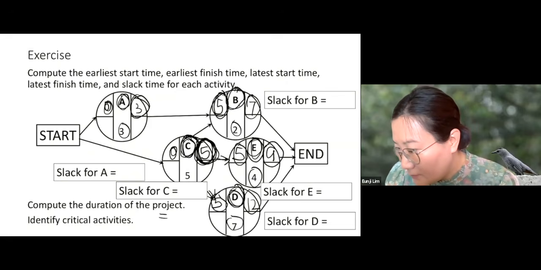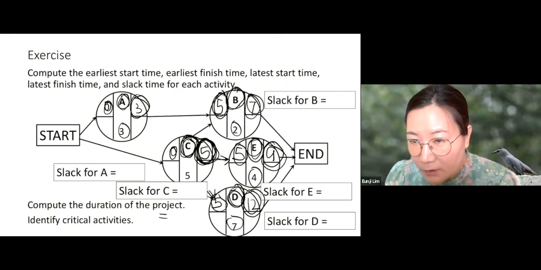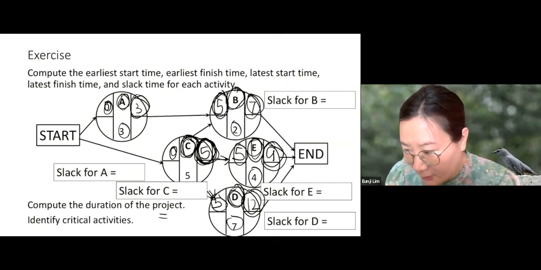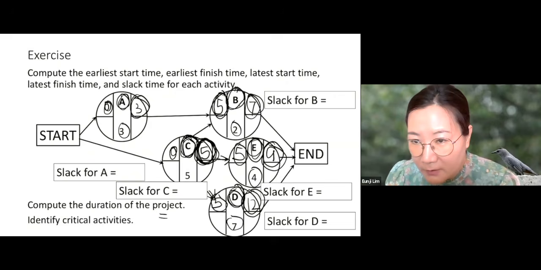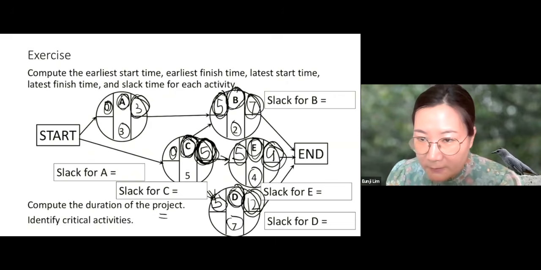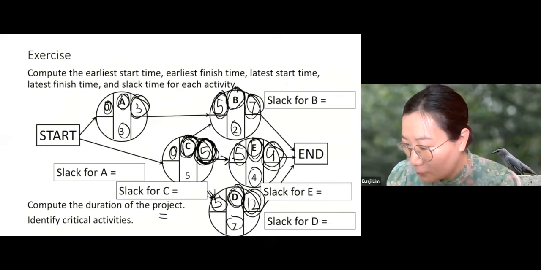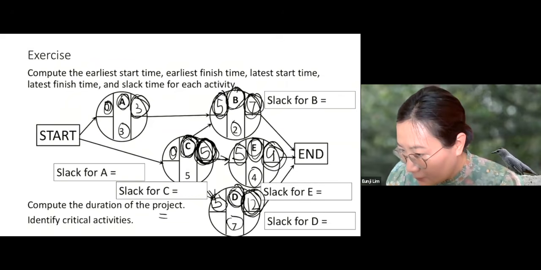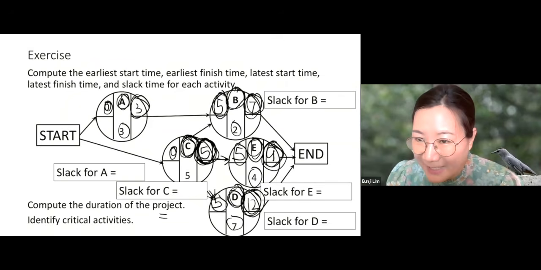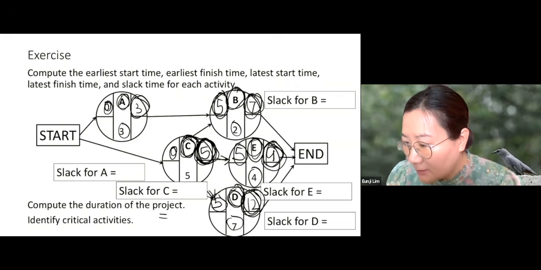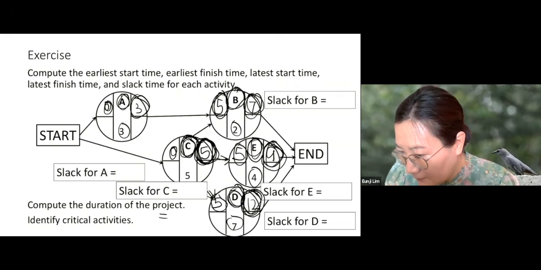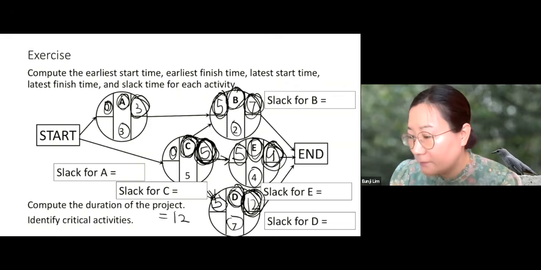And B is done by 7, E is done by 9, D is done by 12. And to complete the project, all of these need to be completed. So by when are all of these completed? 12, right? So if you have more than one last activity, then take the maximum value, 12. Maximum of the finish times.